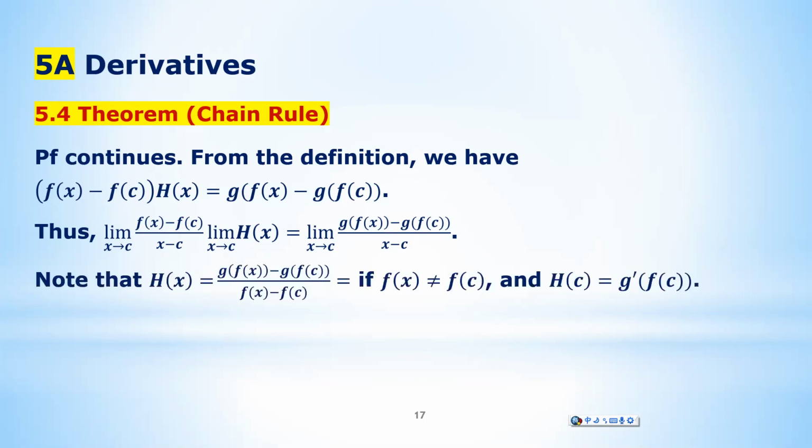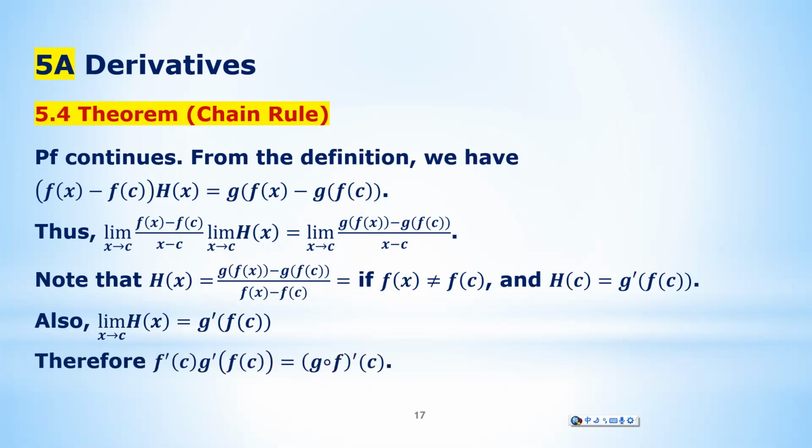Now remember our definition of h, it's defined this way. Also remember that the limit of h(x) is equal to g prime of f(c). So if you re-examine the above limit formula, the left side is just equal to f prime of c times g prime of f(c).